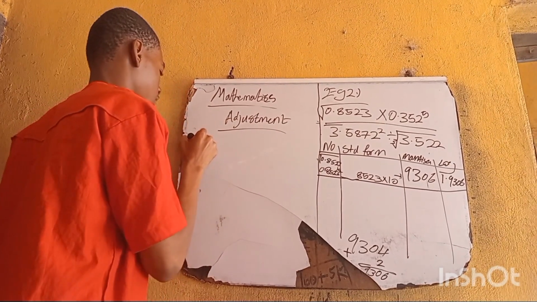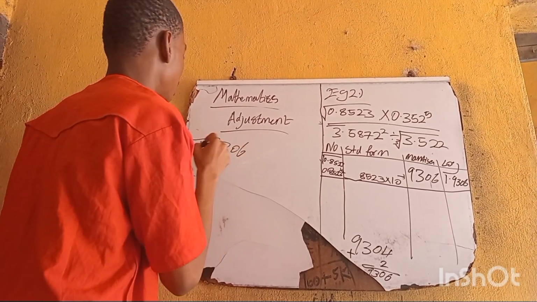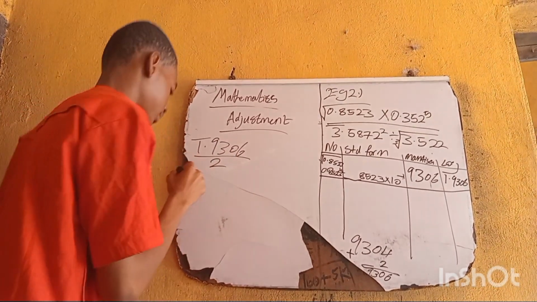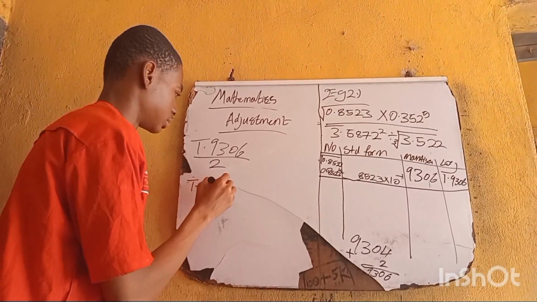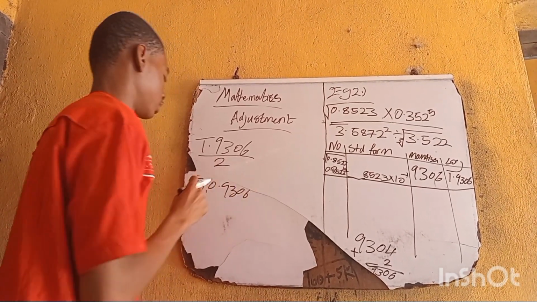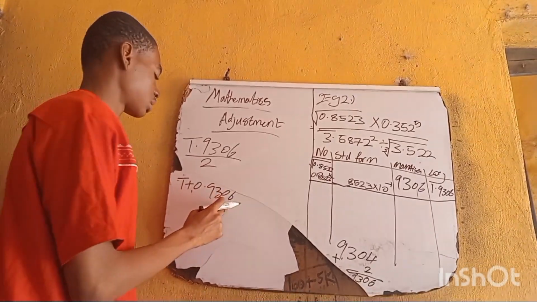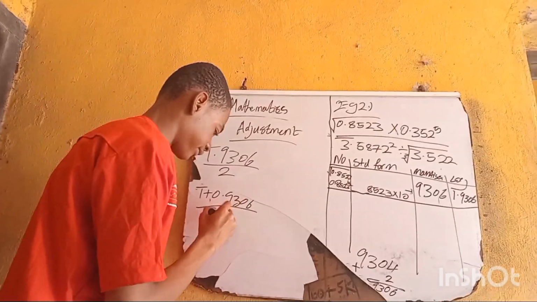It becomes bar 1.9306 divided by 2. To divide this number, you separate it first: bar 1 plus 0.9306, because bar 1 plus 0.9306 is bar 1.9306, all over 2.